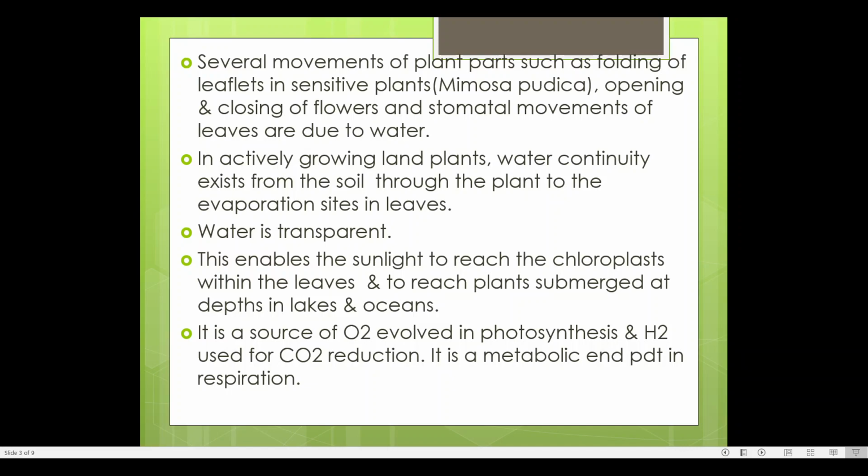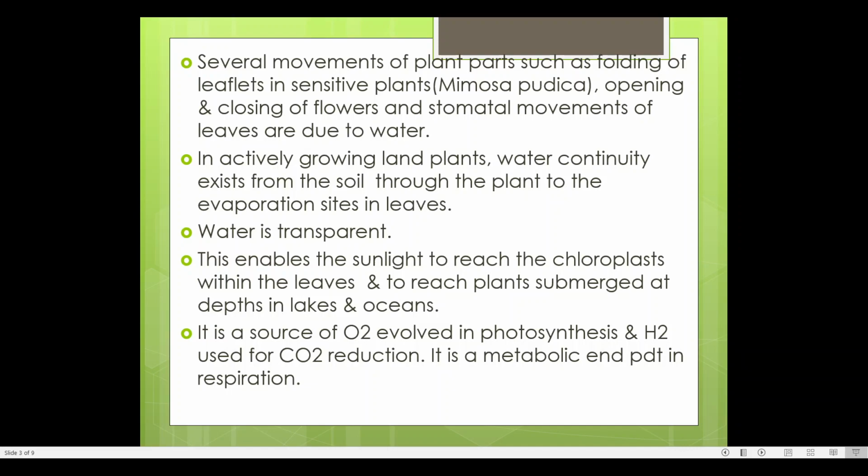Water is transparent. This enables sunlight to reach the chloroplasts within the leaves and to reach plants submerged at depths in lakes and oceans. So water also enables sunlight to reach the chloroplasts and also the plants which are submerged in deep lakes, seas and oceans. It is the source of oxygen evolved in photosynthesis and hydrogen used for carbon dioxide reduction.